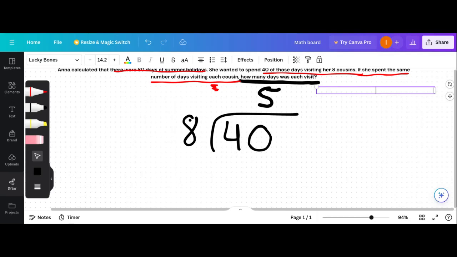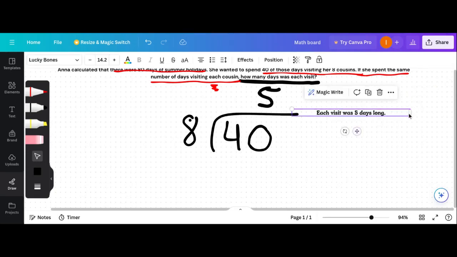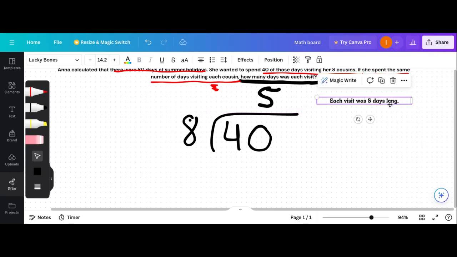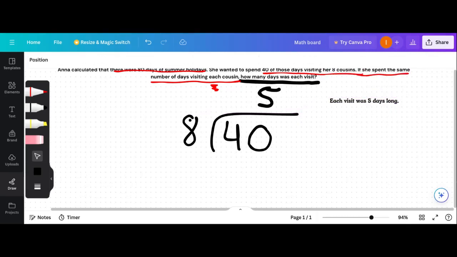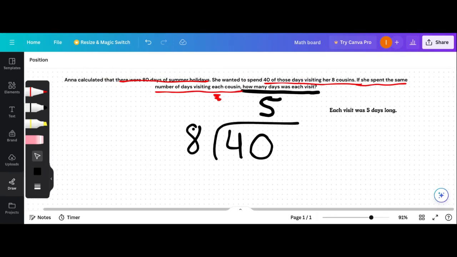Each visit was 5 days long. And if they're just asking you for the plain answer, you don't have to put the whole sentence, but if they're asking for an answer sentence, this is what it would be. Each visit was 5 days long, and that's simply the answer to this whole problem.